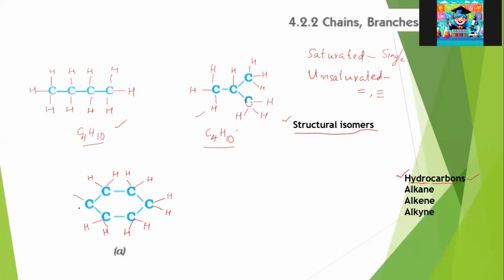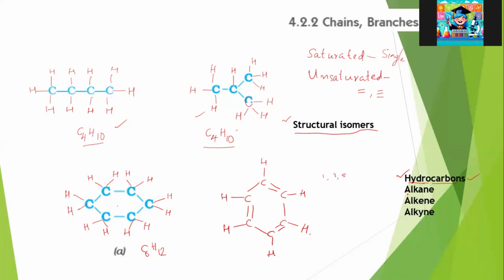So this molecule is C6H12 or cyclohexane. And if the skeleton is like this, can you say which compound this is? This is a molecule of benzene.